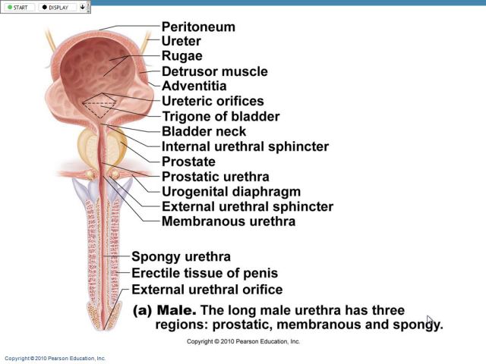So, male, female, a little bit different with respect to urethra. The urethra is much longer in the male because it's a shared exit with the reproductive system, and sometimes the renal system can be affected if the reproductive system is affected. So if, for example, the prostate is enlarged, there can be problems with urination in males.